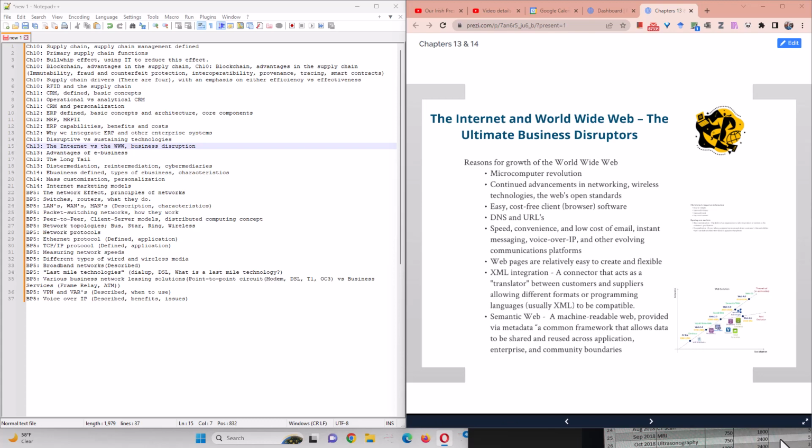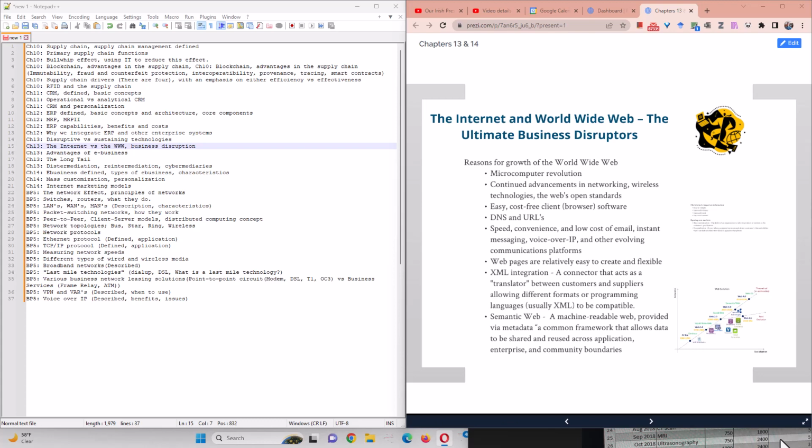Also, XML integration. The development of XML has made it possible to create APIs, that is, application programming interfaces, such that the applications you interact with on the internet are the result of a unification of API functionality from a variety of different sources on the internet.